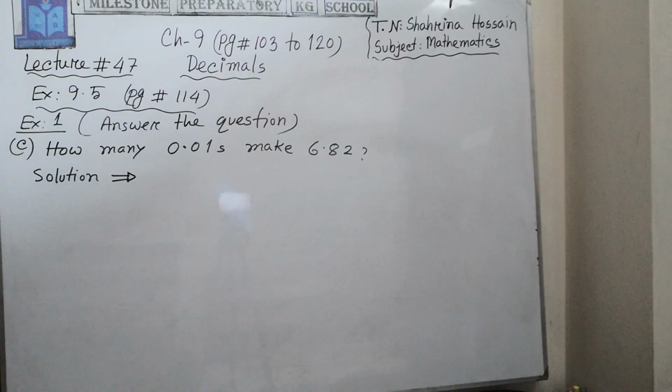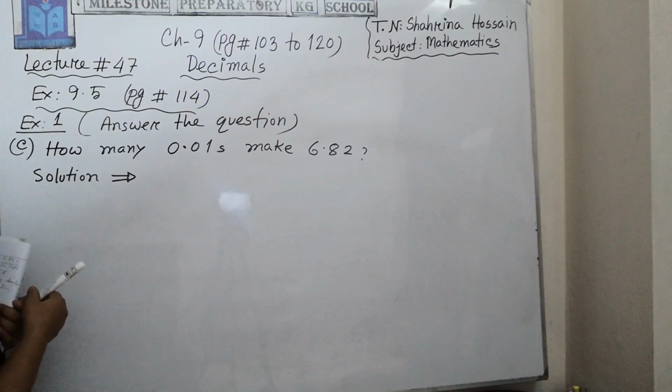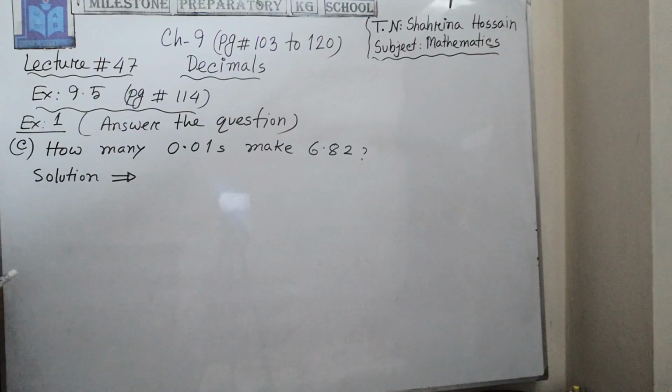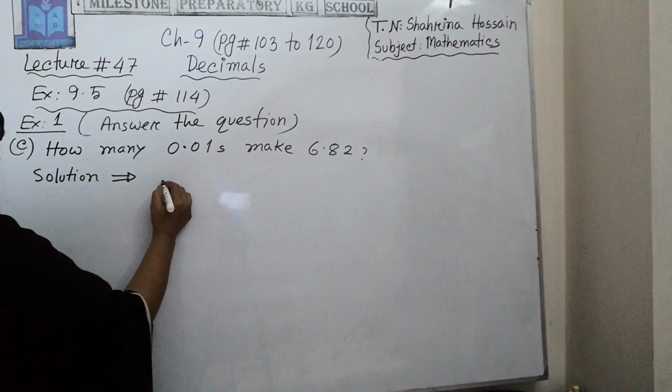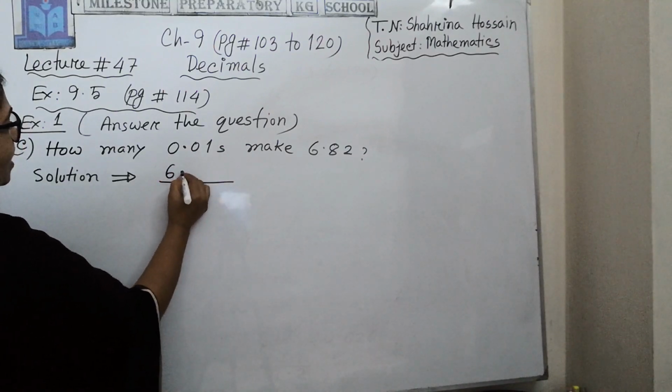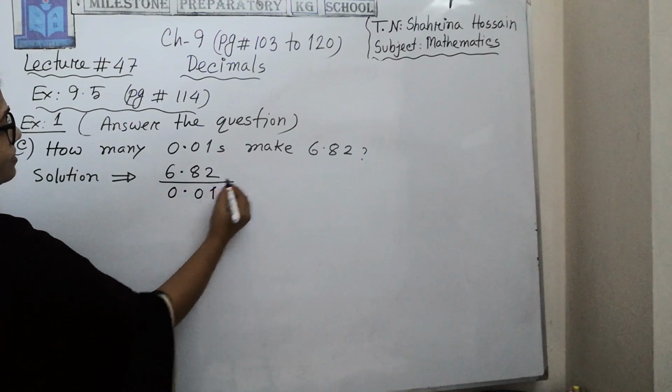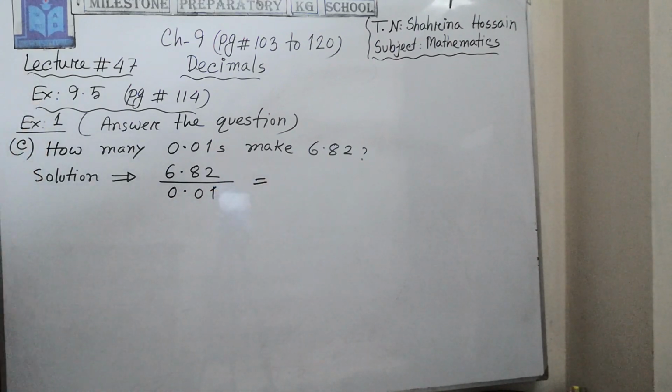In this question we will divide 6.82 by 0.01. That means 6.82 is the dividend and 0.01 is the divisor. So 6.82 divided by 0.01. What will be my answer?